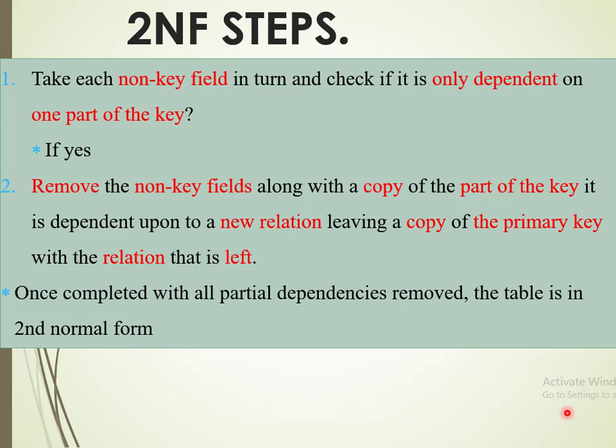Now, if you realize that the non-key field is dependent on only one part of the key, then you remove those non-key attributes or fields, along with a copy of the part of the key they are dependent upon, to a new relation. And so the relation that remains behind is going to remain with a copy of the primary key. And once that is done, we are going to say partial dependency has been removed.